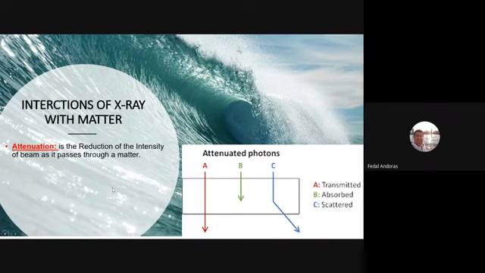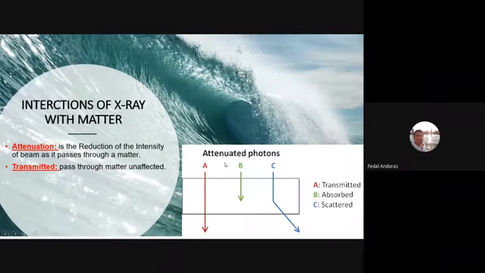So for attenuation, we have three different things. Transmitted, these are attenuated photons. Transmitted, it passed through the matter unaffected.